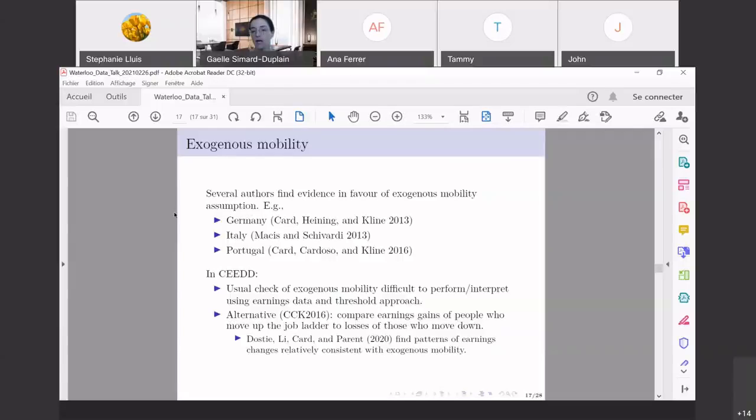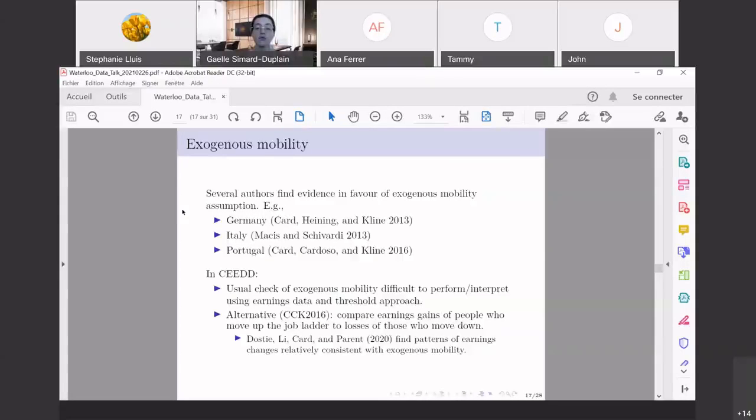So we don't aggregate all of the T4s for a person in a year. We'll just keep the highest paying job. And so when someone changes job, mechanically the earnings are going to drop in the year that they leave, which looks like a violation of exogenous mobility, but is really just hard to assess given the data that we have.